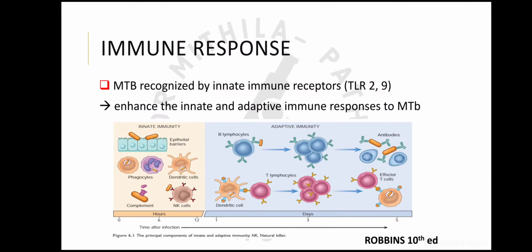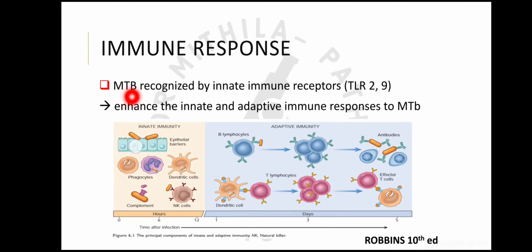In our body, we know that there is innate immune response and adaptive immune response. The first response of the body to an infection is the innate immune response, and examples of innate immunity are the epithelial barriers, macrophages, dendritic cells, and complement proteins. All these come under the innate immunity, which is the first line of defense, and the subsequent line of defense is the adaptive immunity, which consists of the T lymphocytes and B lymphocytes.